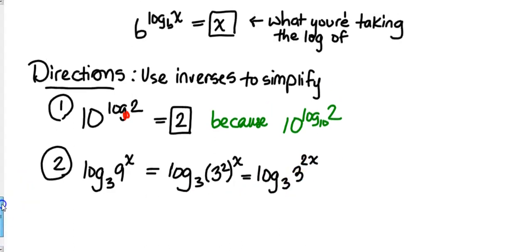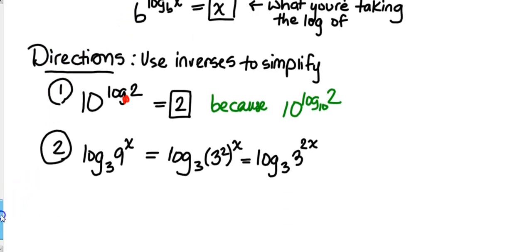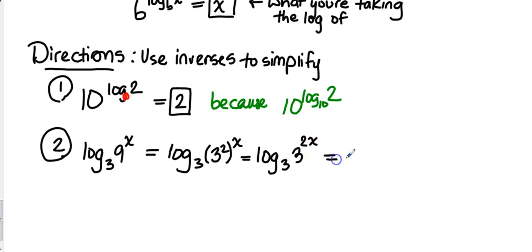Well, if I go back up to my general discovery we had up here, log base b of b to the x, these cancel each other out. Log base b and having an exponent of b to something, these right here are inverses of each other, leaving behind the exponent 2x.